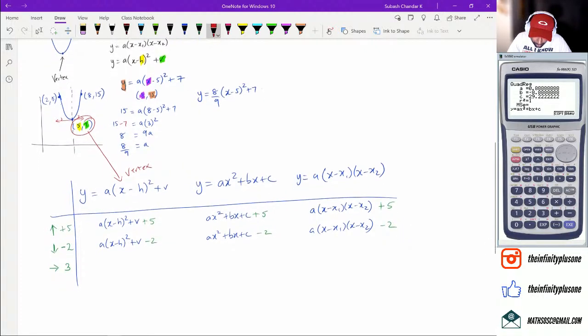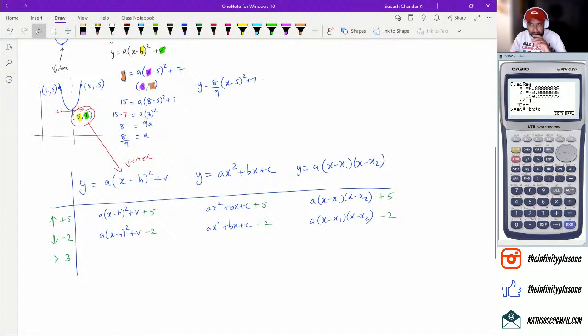So if you want to move 3 units to the right, just make sure that wherever there's an x, you replace it with x minus 3. So I've got a, x, and because there's an x there, I'm going to put a minus 3. The minus h is still going to stay there, plus v.